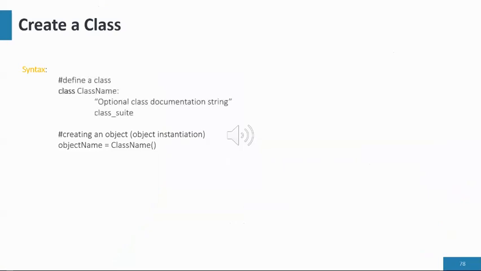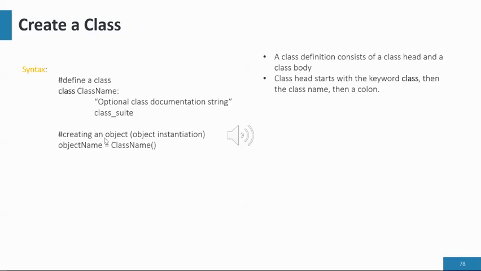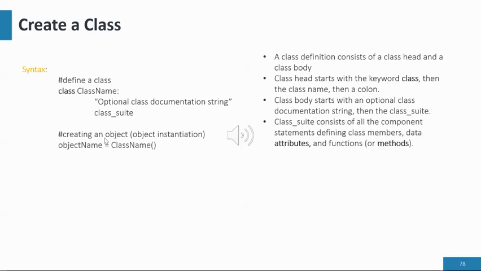How to create a class and to create an object? Here is the syntax for defining a class and the syntax for creating an object. A class definition consists of a class head and a class body. The class head starts with the keyword class, then the class name, and then a colon.